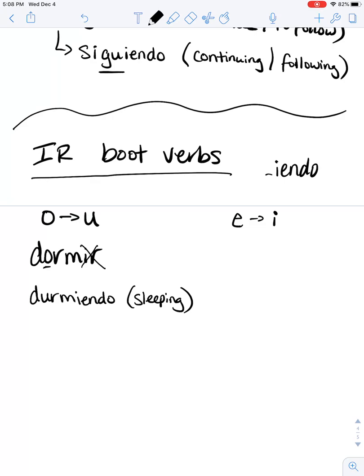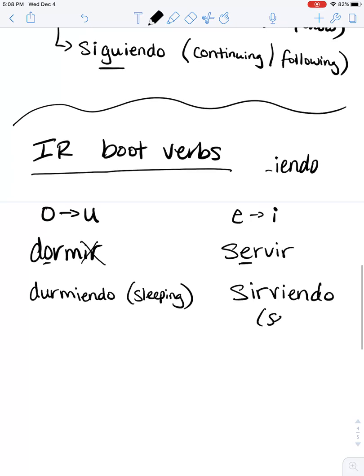Another verb that we come across a lot that is like this is the verb servir, to serve, where this E is going to change to an I. And you're left with sirviendo, or serving, as in he is serving the meal. Él está sirviendo la comida.